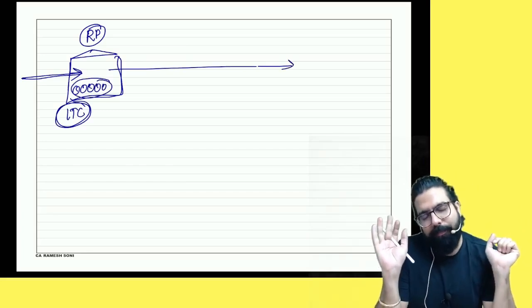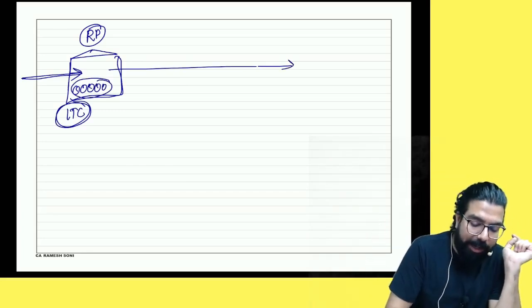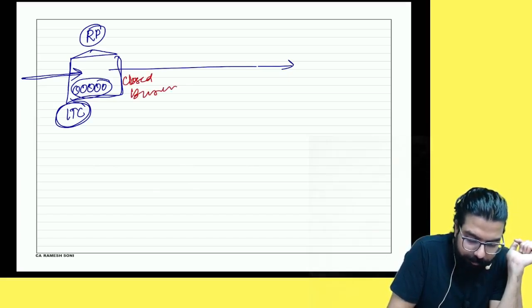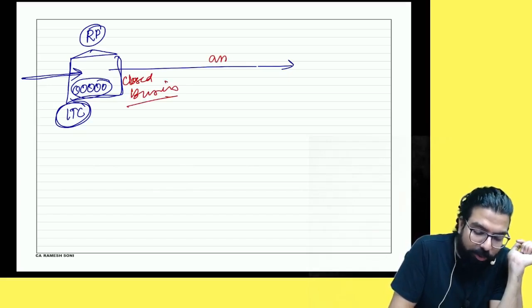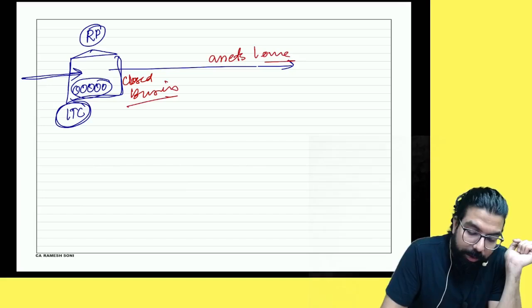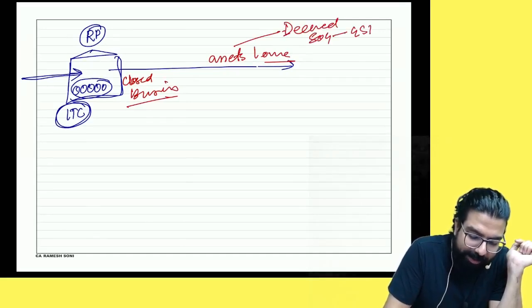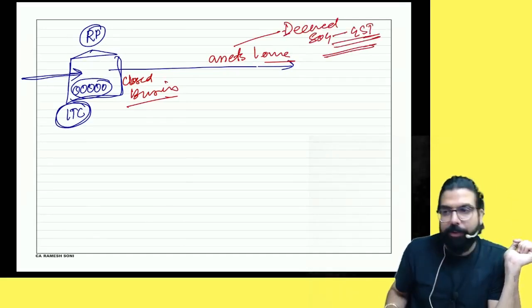Do you guys agree with me? But I did not sell. I closed my business and I am taking all the assets home. What will happen? Tell me. Deemed supply, and do I have to pay GST? Anyone, any doubt with this?